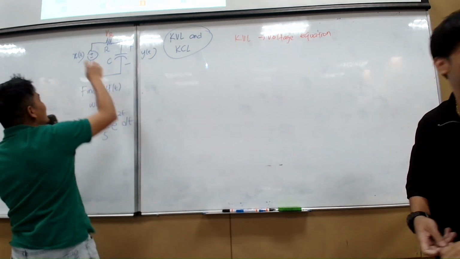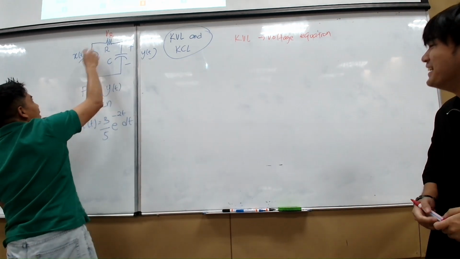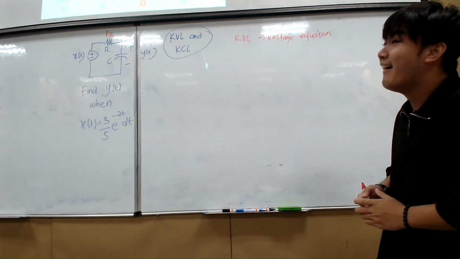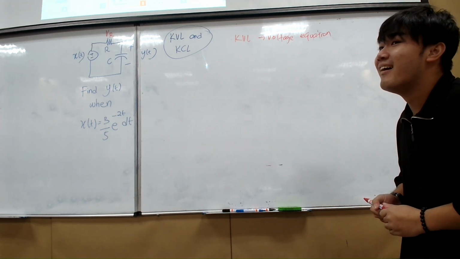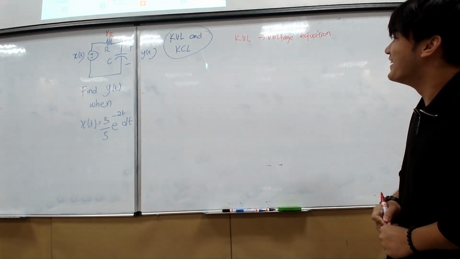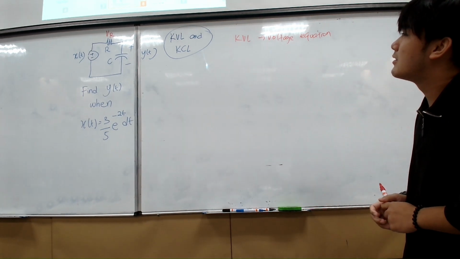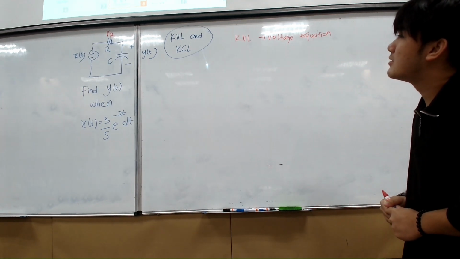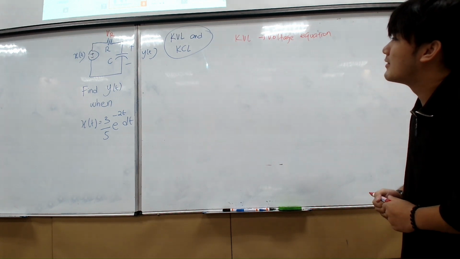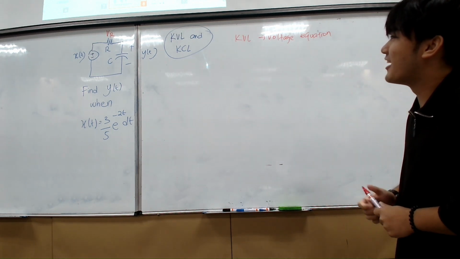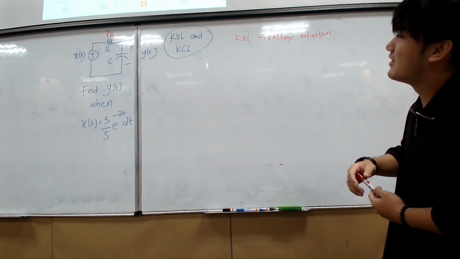So based on 1, 2, 3, you just write down positive, negative, or minus, plus. XT minus VR, VR plus YT equal to XT. So just write it, no problem. XT plus VR.